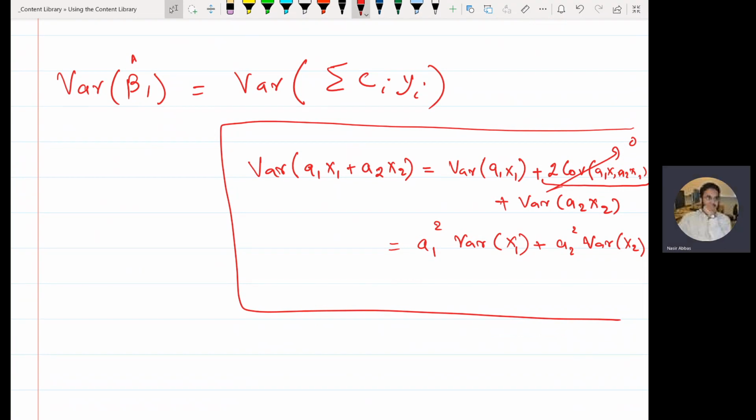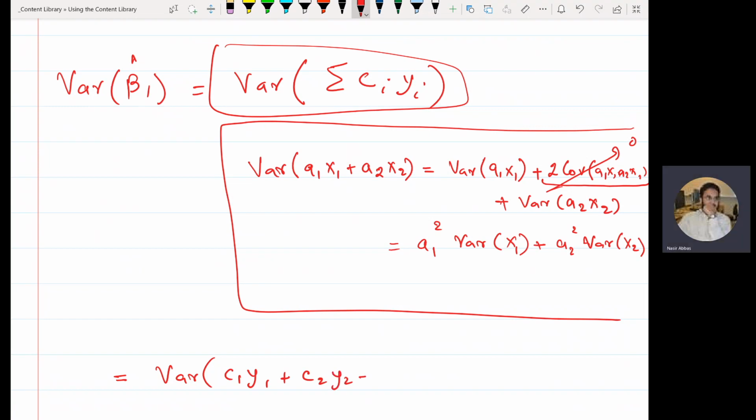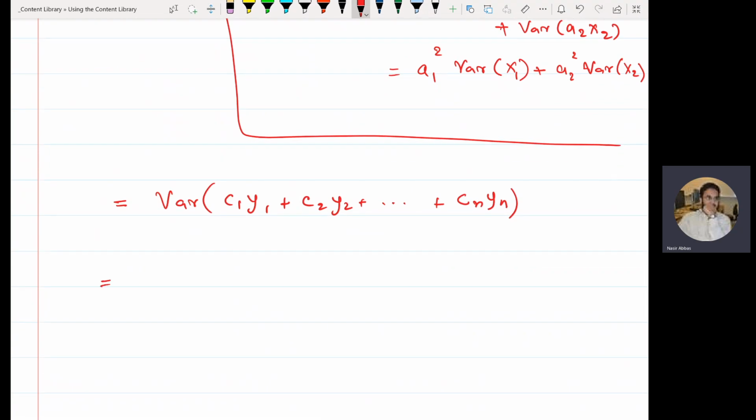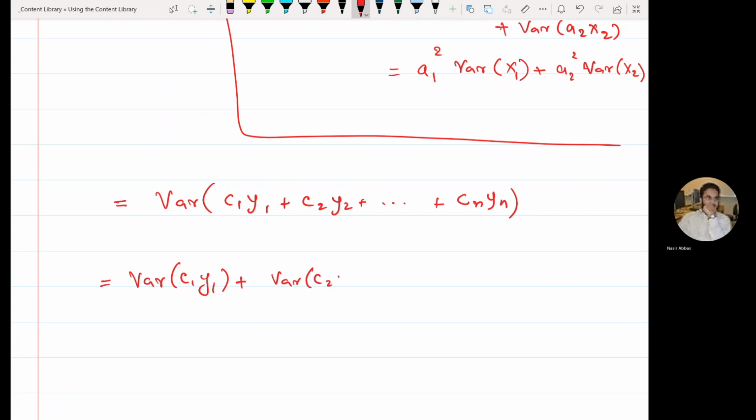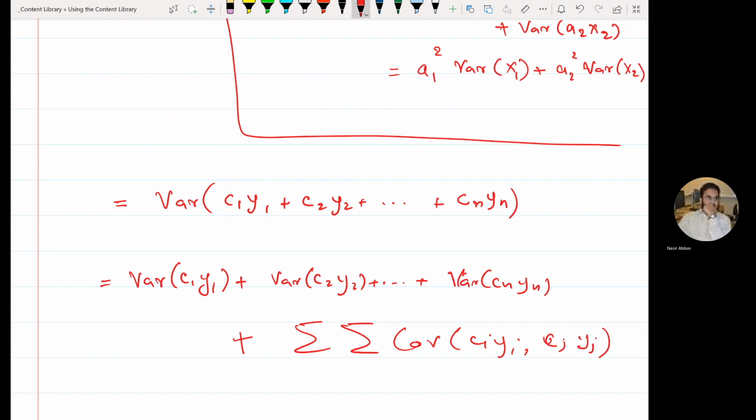All 0. So this variance of C1y1, C2y2, plus all the way up to Cn yn, this will be what? All the variances plus many covariances. All of them will be, you don't need to even write this.